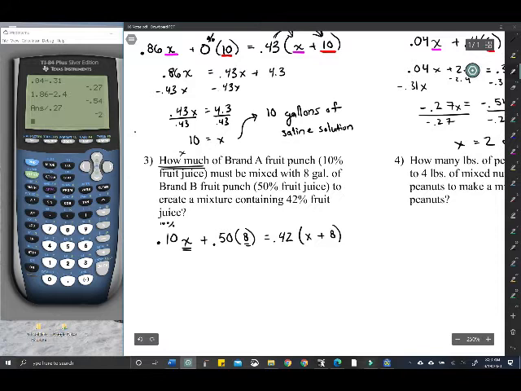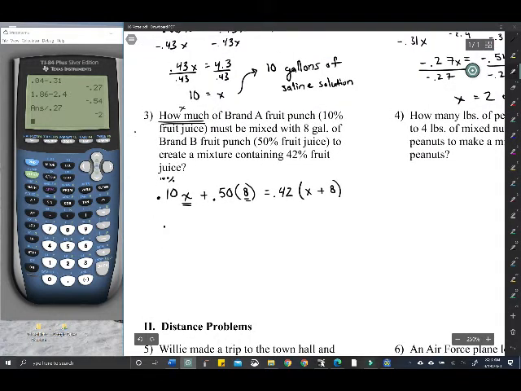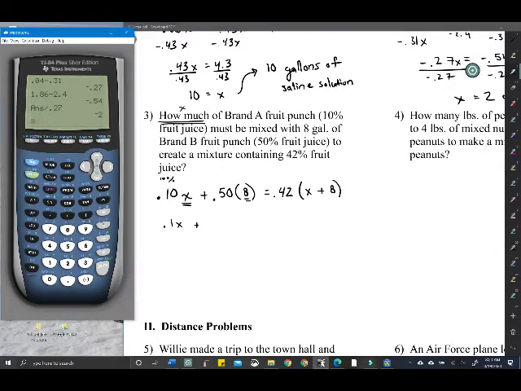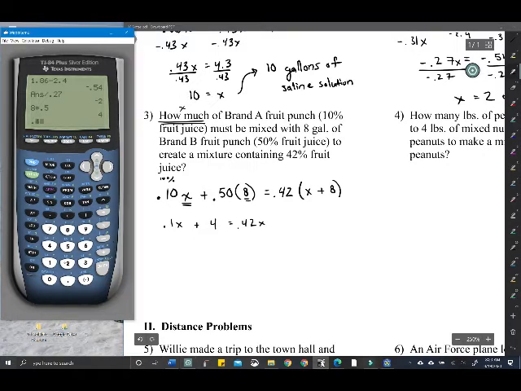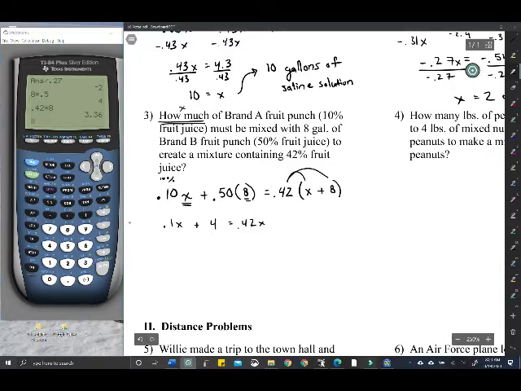And then it's just distributing, solving. So let's try it out. 0.1x plus 0.5 times 8 is 8 times 0.5. That's just 4. Okay, that's fine. 4 is equal to 0.42x. 0.42, however, times 8, and I'm distributing here, is 3.36.